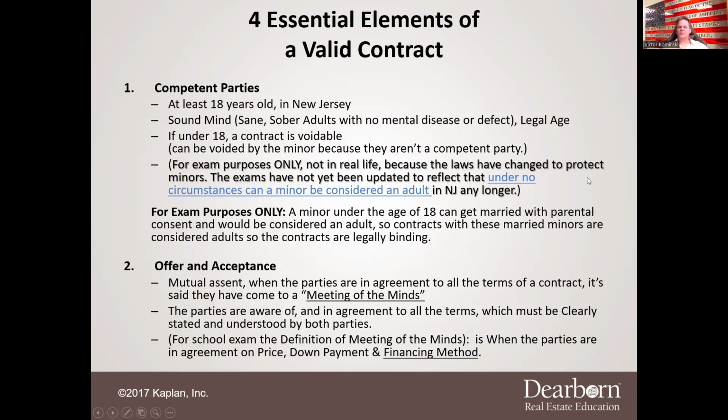But for exam purposes and exam purposes only, not in real life, because you sometimes get questions on the state exam about this stuff, a minor can be considered an adult where a contract will be legally enforceable against them if they're married.